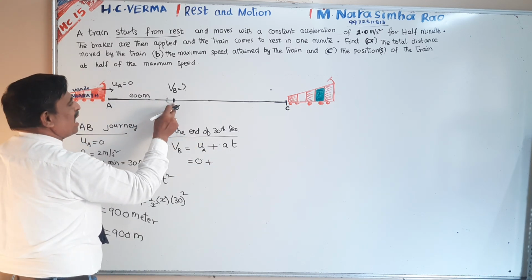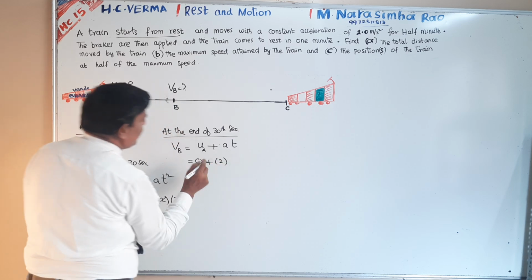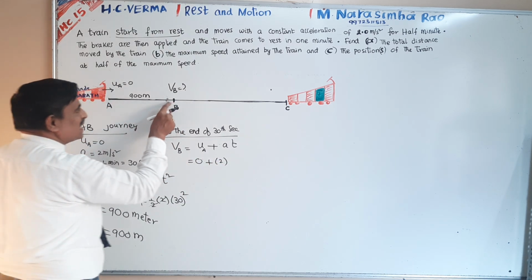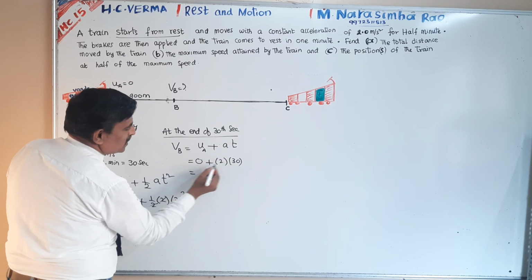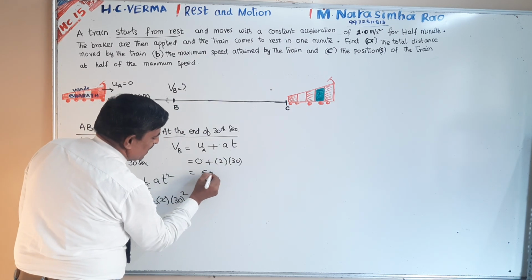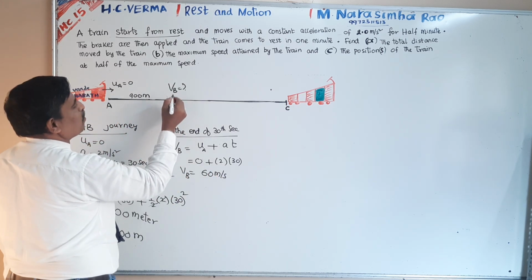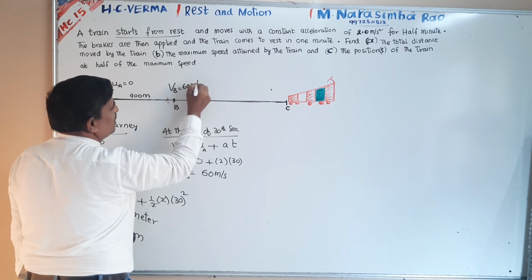Acceleration in between A and B is 2 meters per second square. From A to B, time taken is 30 seconds. No value for 0. 2 into 30 is 60. Velocity at this point is 60 meters per second. Right.